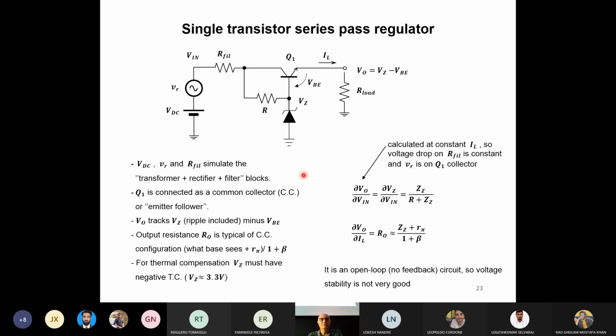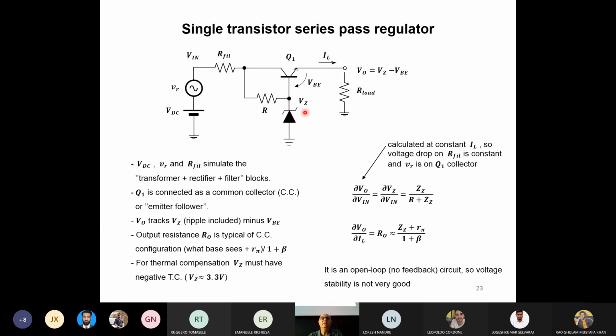How does the system work? Well, it's quite easy. Basically, if we consider V in as the sum of VDC plus V ripple, we can neglect, if we want, the filament resistance. It's not a problem. We can think that V in is basically on the collector of transistor Q1. What I do is take this voltage and simply make a standard voltage reference with the Zener diode, so the load resistance and the Zener diode.